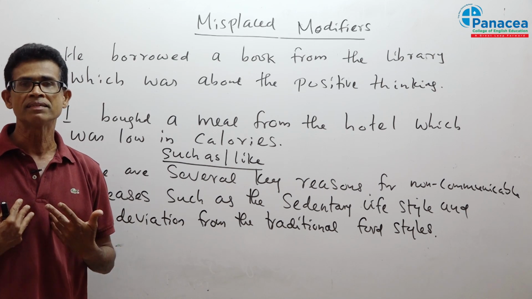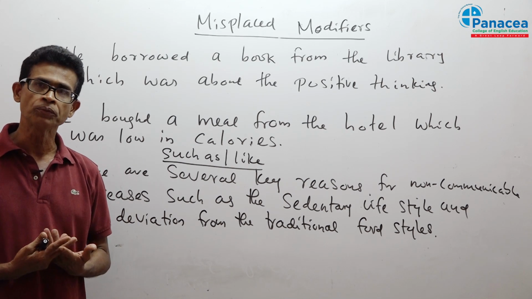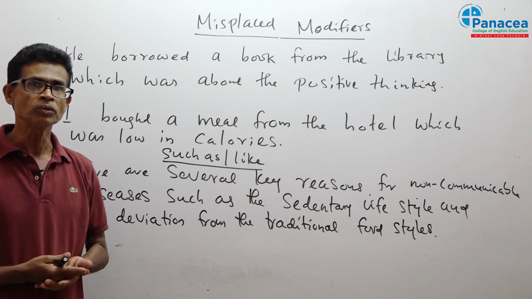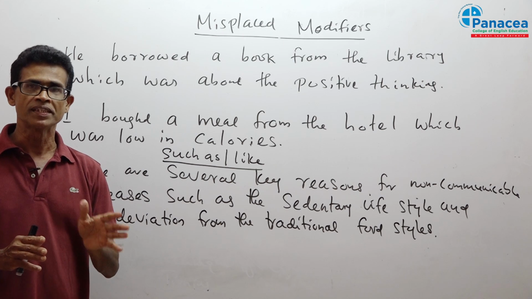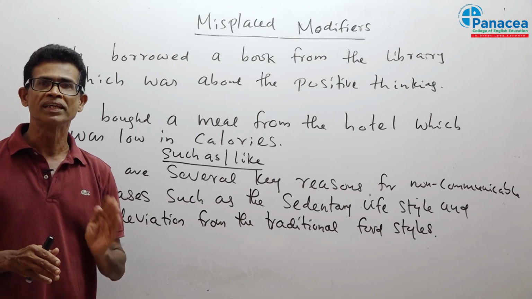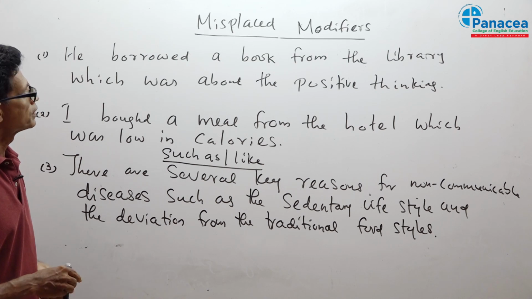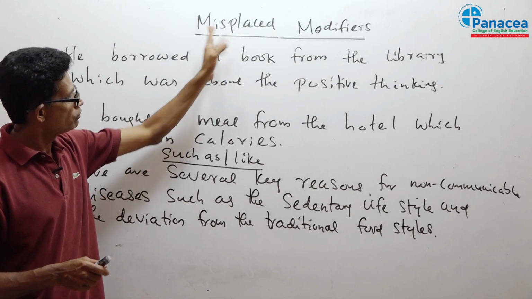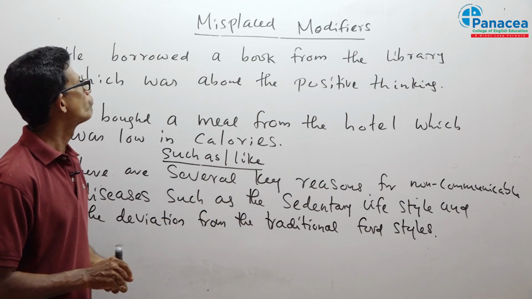That means we think in Sinhala and we try to transform the idea into English. So when you write your essays, don't make this mistake henceforth. Okay, first one is the misplaced modifier, second one is use of such as or like.